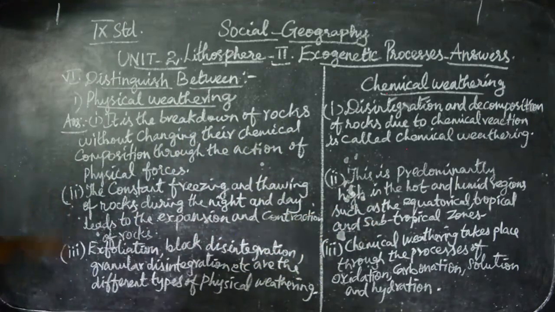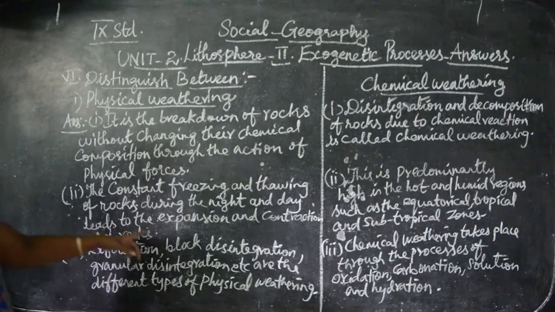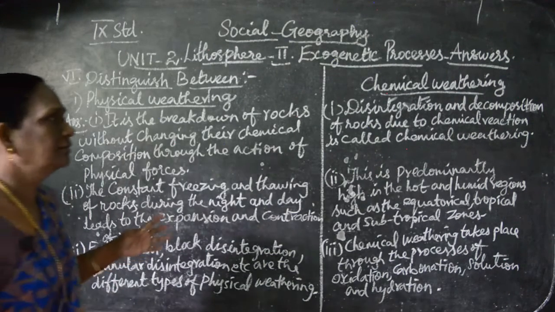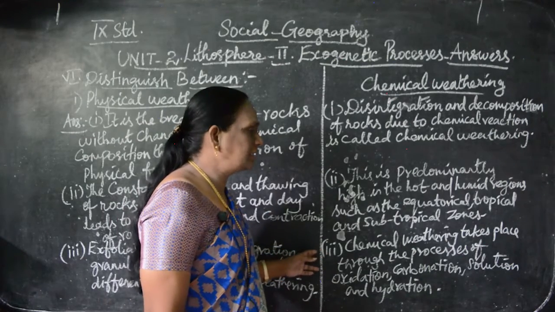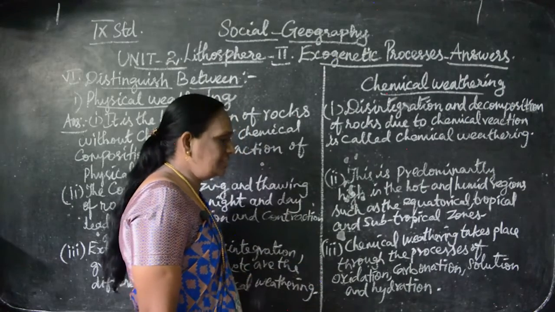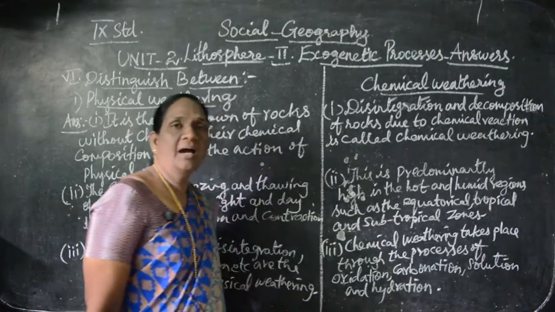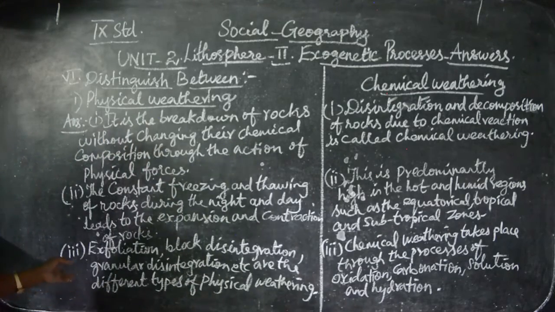Physical weathering, third point: exfoliation, block disintegration, granular disintegration, etc. are the different types of physical weathering. And in chemical weathering, the third point is chemical weathering takes place through the processes of oxidation, carbonation, solution and hydration. So, this is the first distinguish between.